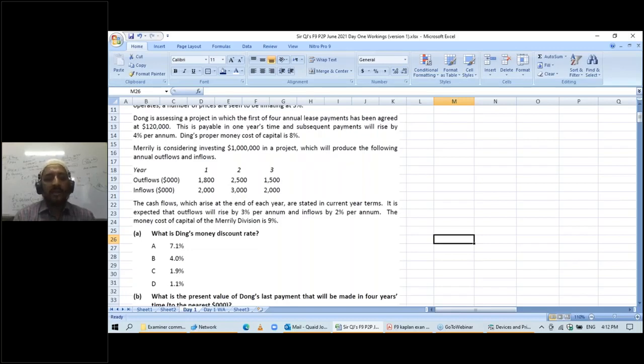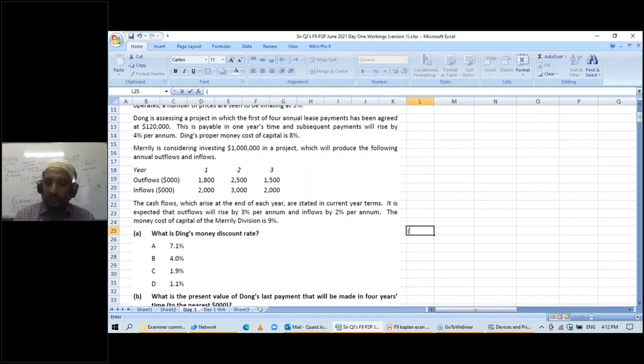Okay, students, let's start with requirement A of this question 1. What the question asks is, what is Ding's money discount rate? Students, the formula for the money discount rate is as follows.